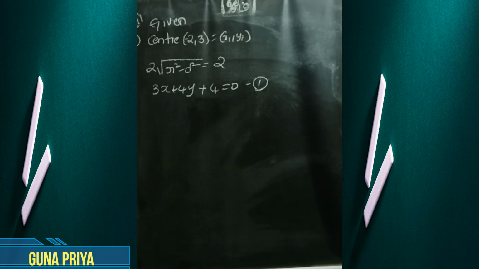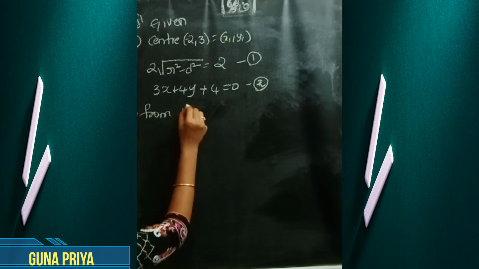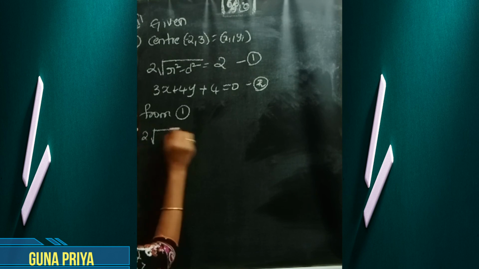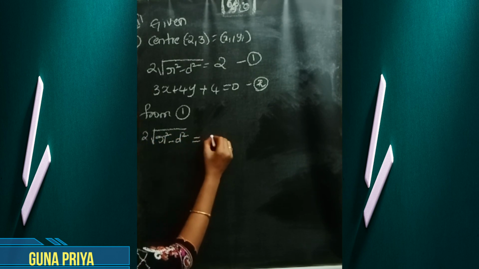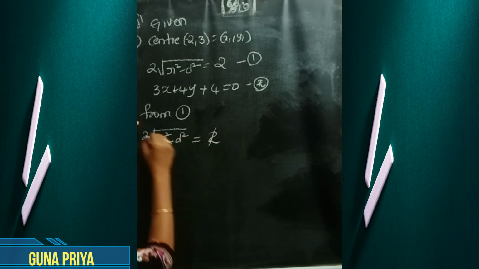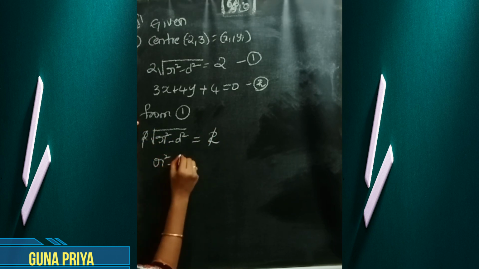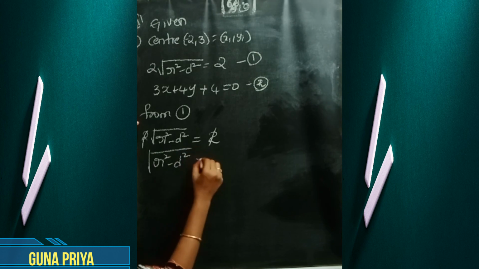So they have given one equation, a chord and a center. They have asked us to find the equation. From 1, 2 into root of r square minus d square equals 2. The 2 gets cancelled and r square minus d square equals 1.